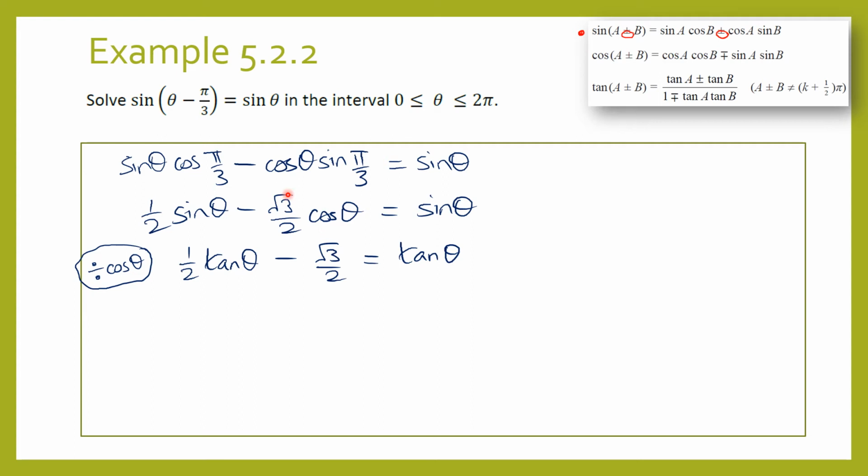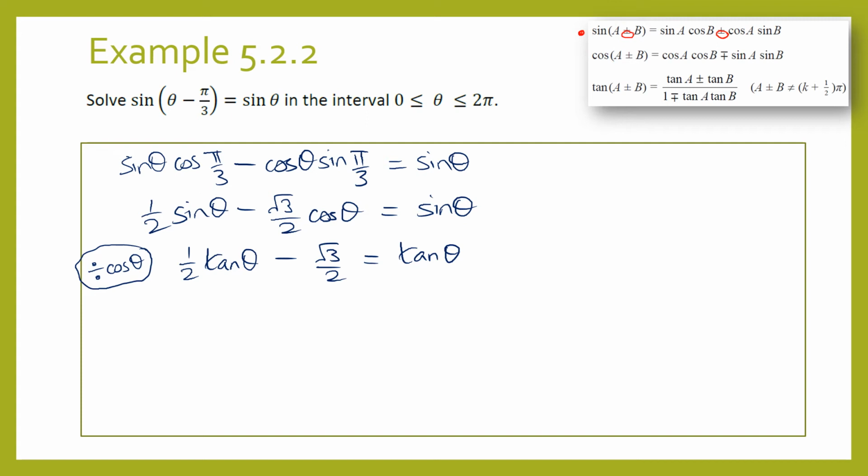So this term would be 0. If theta is 90 degrees, sine of 90 degrees is 1. So we'd have a half times 1, take away 0, equals 1, which is not true. So that's how we can be sure that cos theta is definitely not 0 in this question, and we are therefore safe to divide by it.